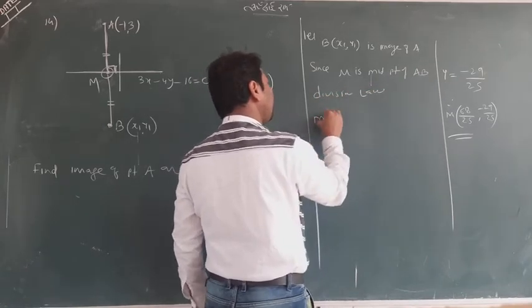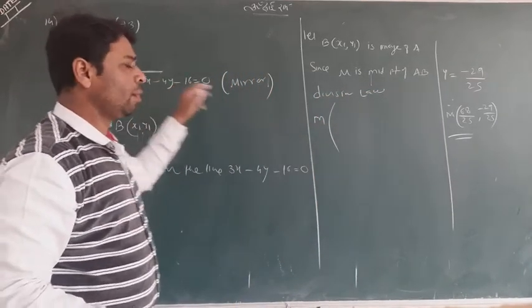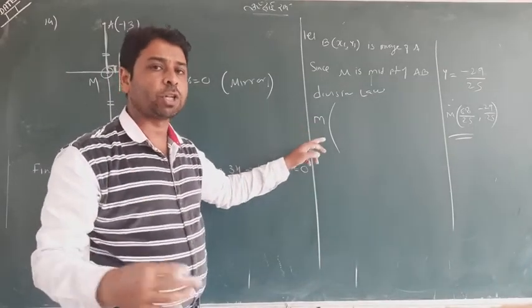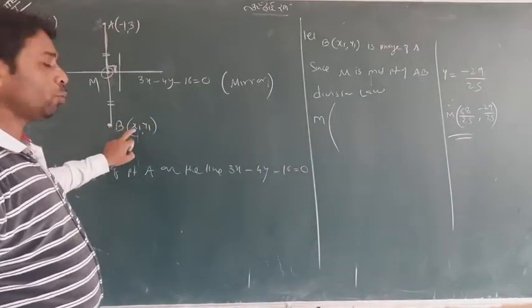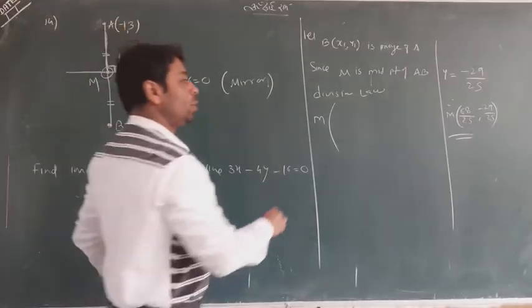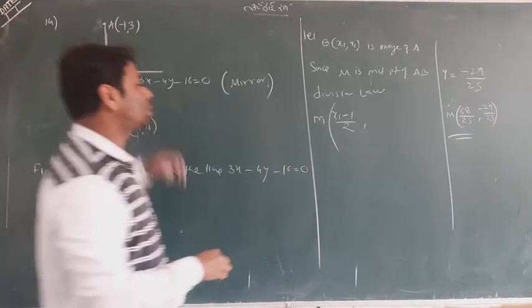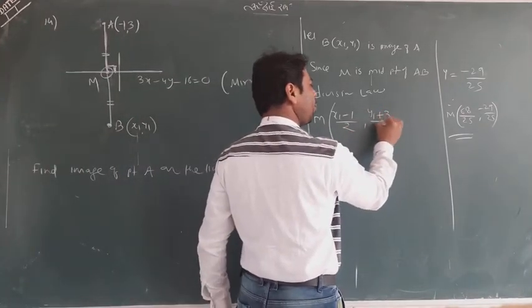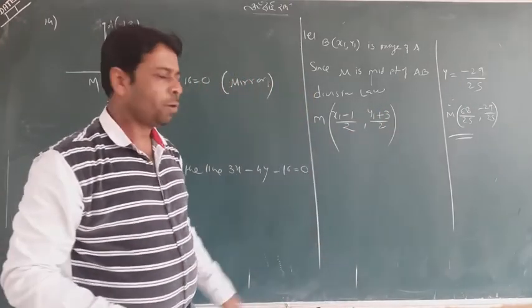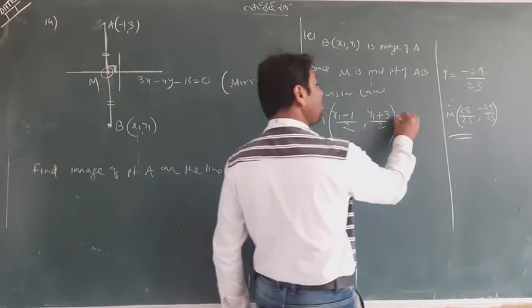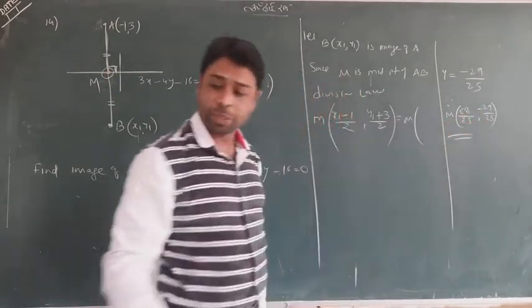Even if you know M, still find M by using the division law. What is the division law? (x1 plus x2) by 2 or (y1 plus y2) by 2. So (x1 minus 1) upon 2, (y1 plus 3) upon 2. This is the midpoint formula, which is equal to M.